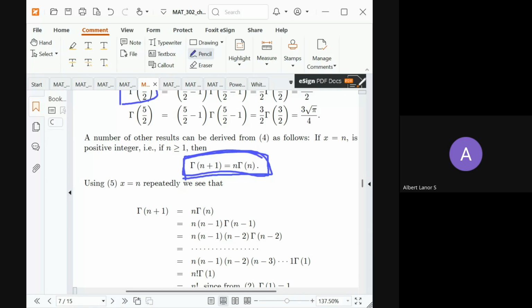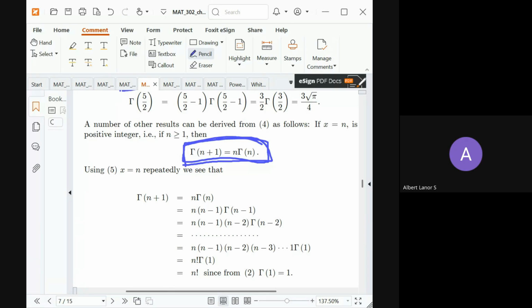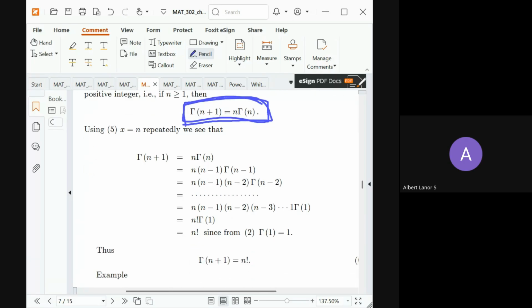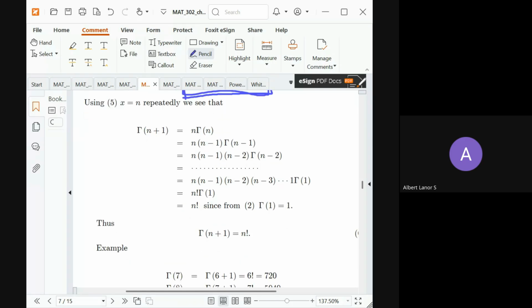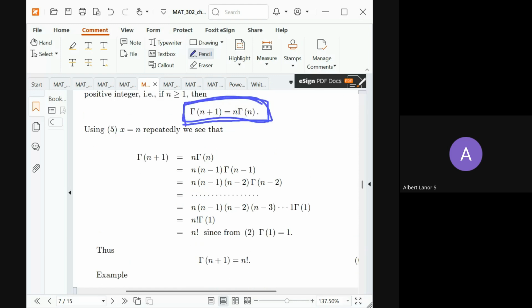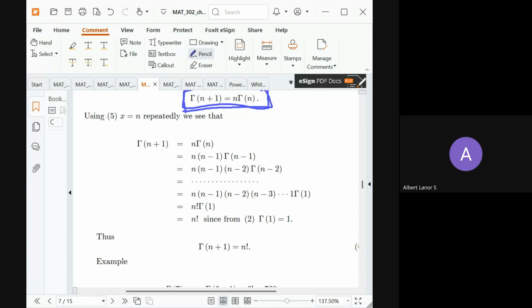Okay, so you can generalize it. In the generalization, you have gamma of n plus 1 is n gamma of n. Now we know that gamma of n is n minus 1 times the gamma of the previous one.